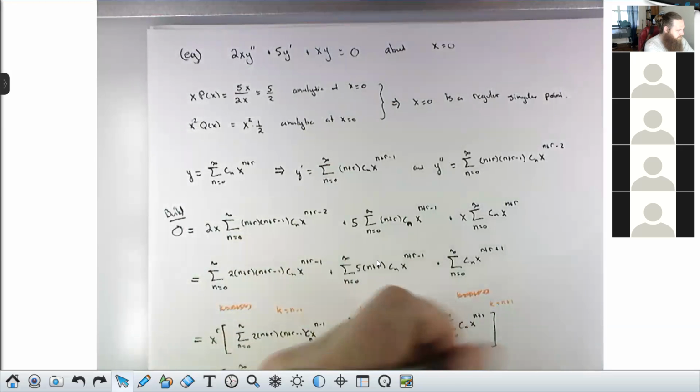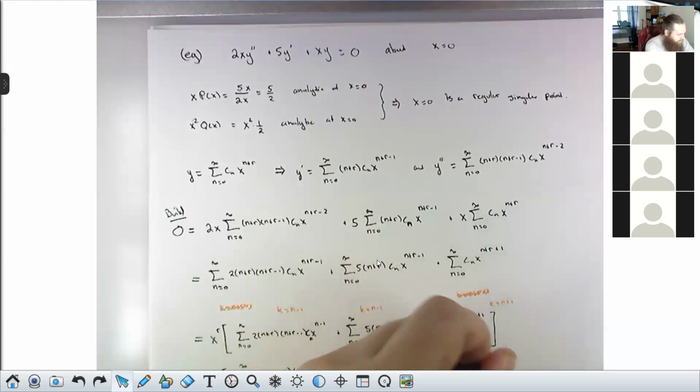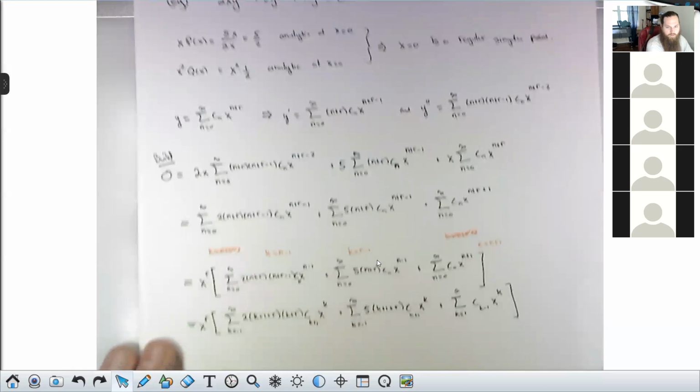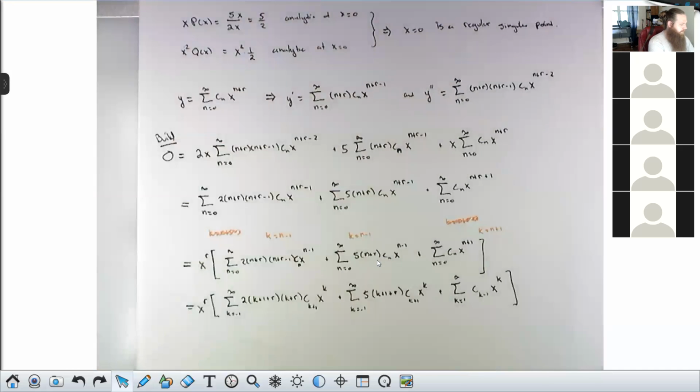When n is 0 here, k is equal to 1. Cn would be c k minus 1. X to the n plus 1 is x to the k. So there's the substitutions. Index shifts.